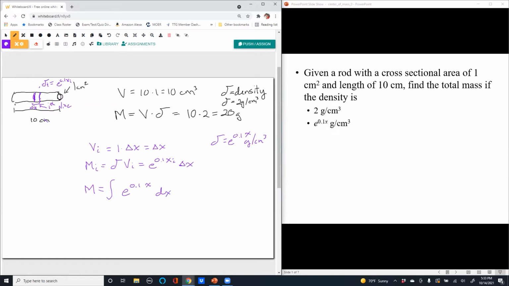And then what do you think x is going to vary from and to on our definite integral? What do you think the limits of our definite integral will be? We want to get the mass of the whole rod. 0 to 10. Now, it doesn't say in the problem, we're assuming that this density is measured from the left end of the rod. So this definite integral is going to give us our total mass.